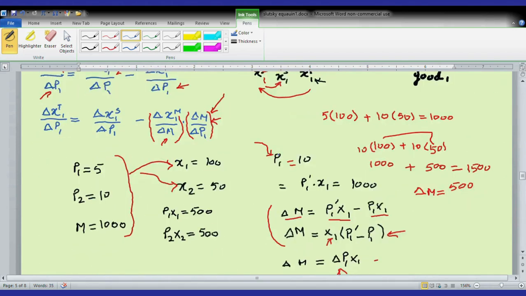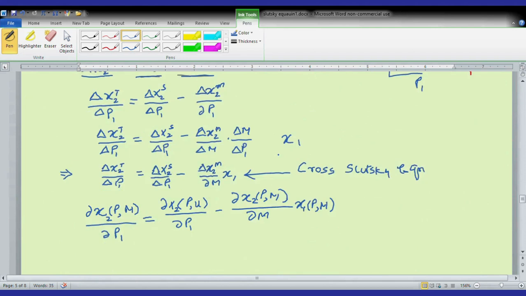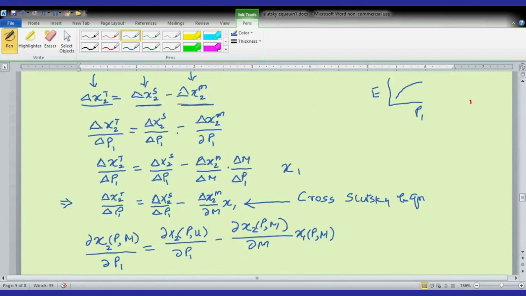It is because of this that in the context of the cross Slutsky equation, this is going to be positive, and this is going to be positive or negative. So the income effect can have a negative or positive impact. A positive impact is where the good is a normal good. So if good 2 is a normal good, this is going to be positive.